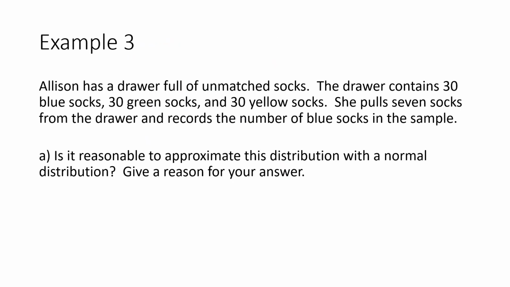So good example, Allison has a drawer full of unmatched socks. The drawer contains 30 blue socks, 30 green socks, and 30 yellow socks. She pulls socks from the drawer and records the number of blue socks in the sample. So, is it normal to approximate this distribution with a normal distribution?